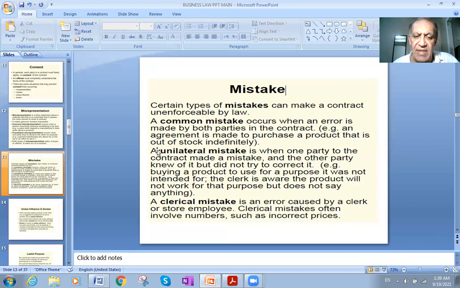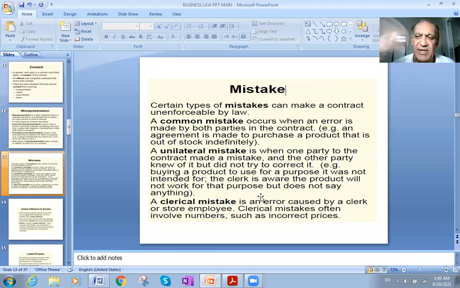Unilateral mistake. The first type was common mistake. The second type, unilateral mistake, is when one party to the contract made a mistake and the other party knew of it, but did not try to correct it. One made a mistake and the other knows about this mistake, but he didn't correct it.